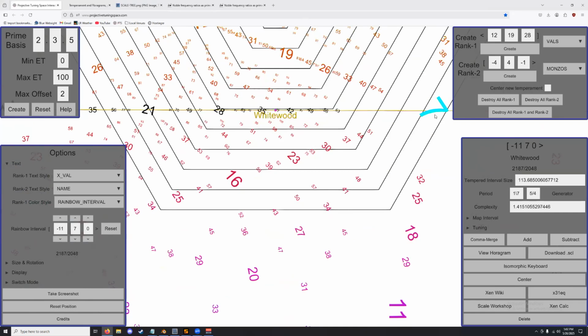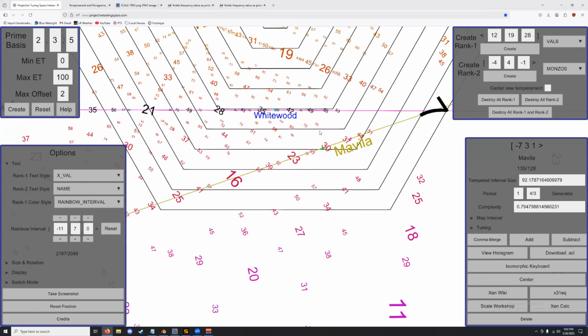So for example, anywhere on Mavila line, this whitewood comma apotome is going to be tuned negatively. In the classical music sense of sharp and flat, this interval is what constitutes a sharp or a flat, which is why, depending on how you look at Mavila, sharps will actually lower the pitch and flats will raise the pitch if you go along the circle of fifths.